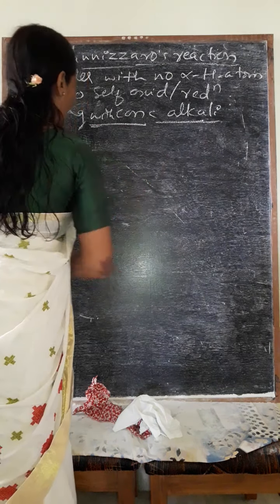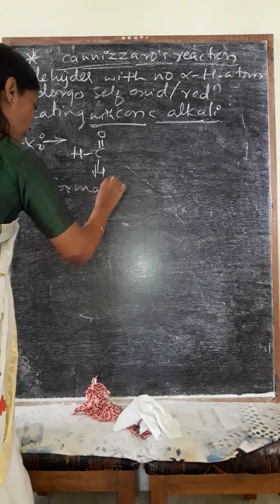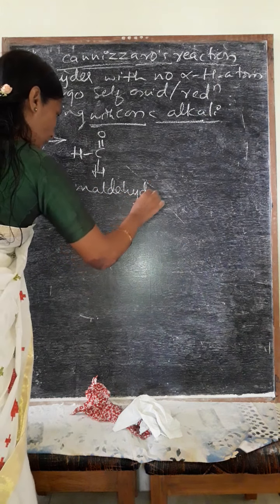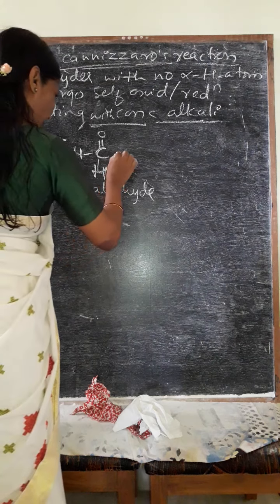The first example I will take is HCHO. Its name is formaldehyde. Formaldehyde is an aldehyde which does not contain alpha hydrogen. Why? There is no other carbon, hence no alpha carbon and no alpha hydrogen.